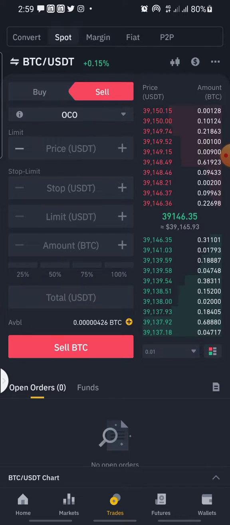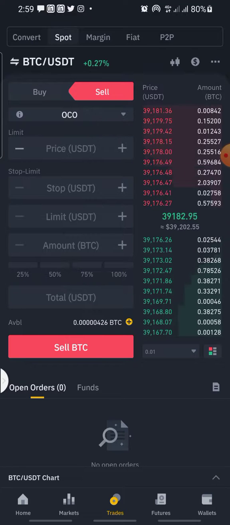That's what OCO means. In OCO, you can use it to set a stop loss, and you can also use it to set your take profit. But in stop limit, you can only use it to minimize your loss in case the market is going against you. So when you want a trigger point, take it to the order book and you sell at that particular time.